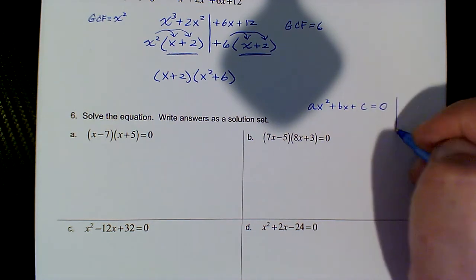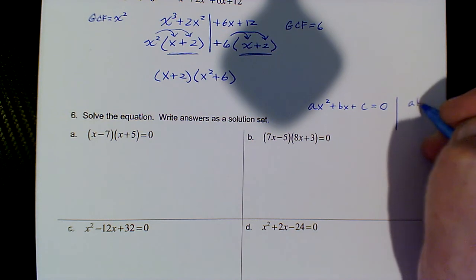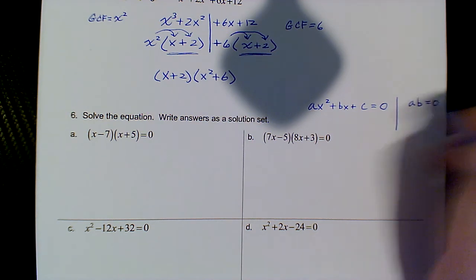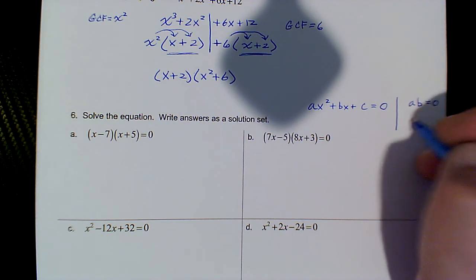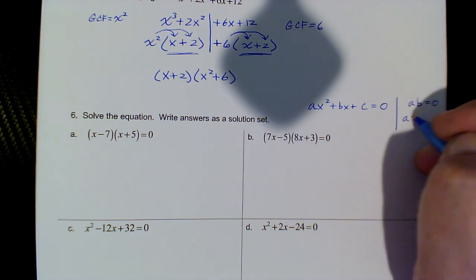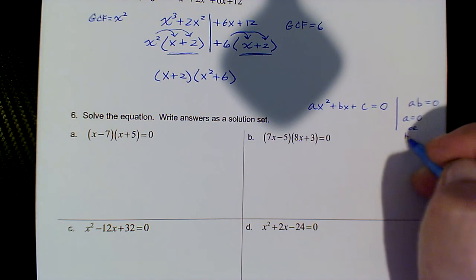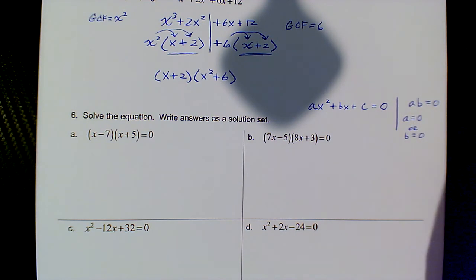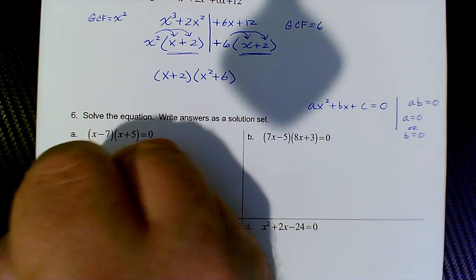The zero factor property is that if A times B equals 0, not referring to the A's and B's here, but if any product of two things is 0, then A equals 0 or B equals 0. So using the zero factor property, we're going to set each factor to 0.